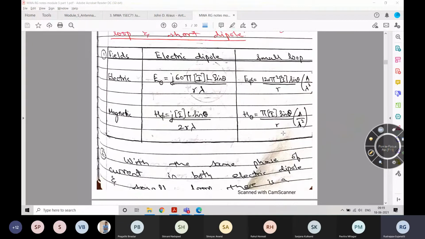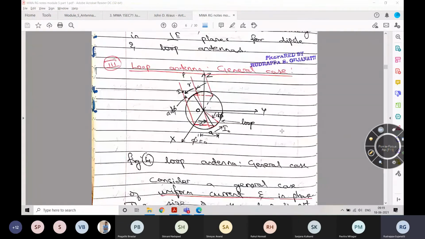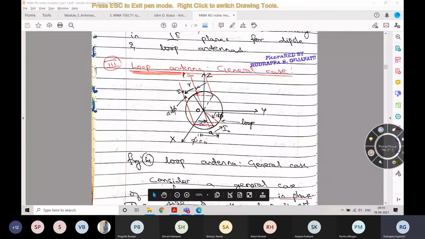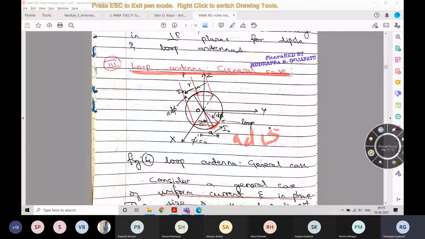Next, we discussed the loop antenna as a general case. In this, we considered a circular loop, and on that we considered a small elemental length of A d phi. We considered two elemental lengths which are opposite to each other, and we applied the dipole concept, and then we obtained the field representations for this parameter.